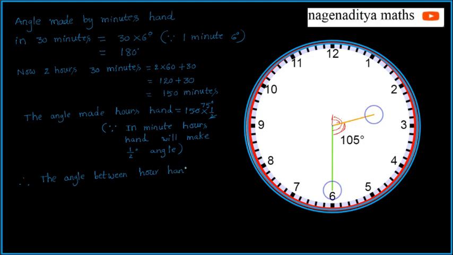Therefore the angle between the hour hand and minute hand is equal to 180 minus 75 degrees. So that is equal to 105 degrees.